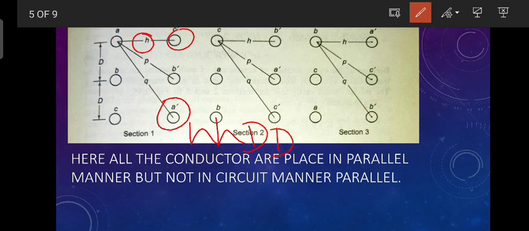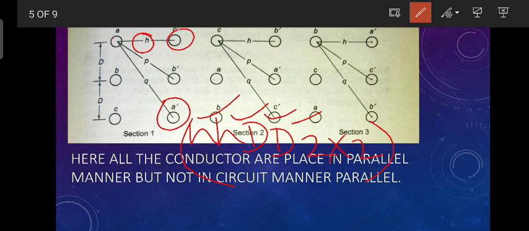Not D, it is 2D. Okay, remember that it is 2D. That means 2D into 2D, I am writing here 2 into 2. So there are 4 distances placed in our phase.